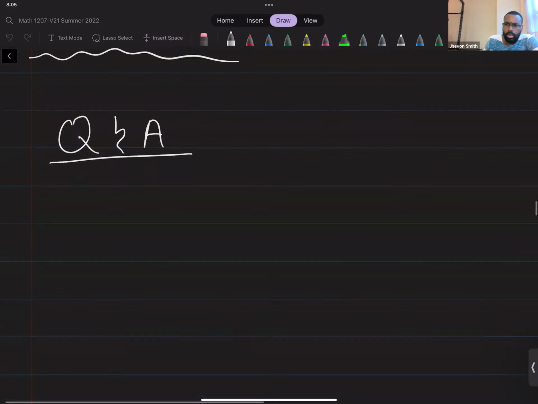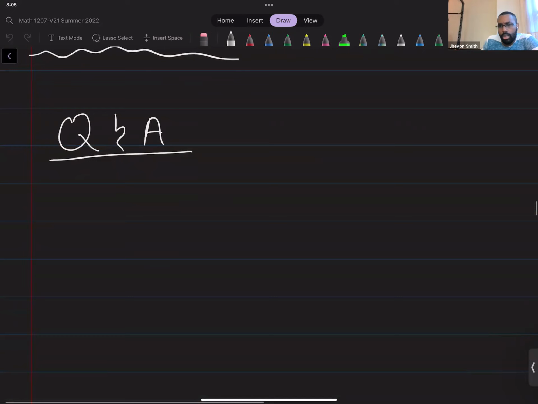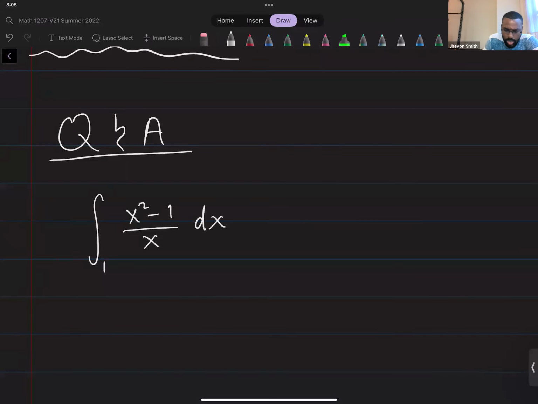Let me see here, so writing in the chat: x squared minus 1 over x, between 1 and e. Is that the question?